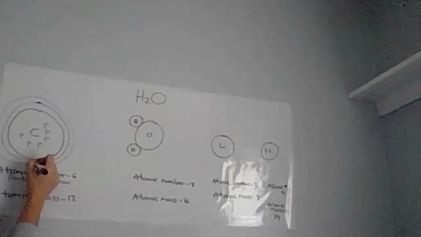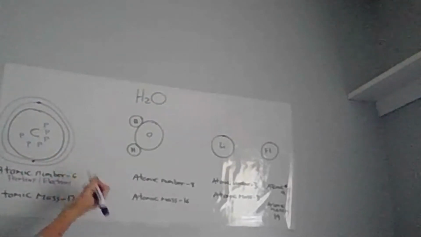So there's 2 of them, but remember I need 6. So I'm going to draw my second energy shell, and my second energy shell can hold a total of 8. I already have 2, I need 6, so that means I only need 4 more. So there'd be 1, 2, 3, and 4, and that would be my electrons.